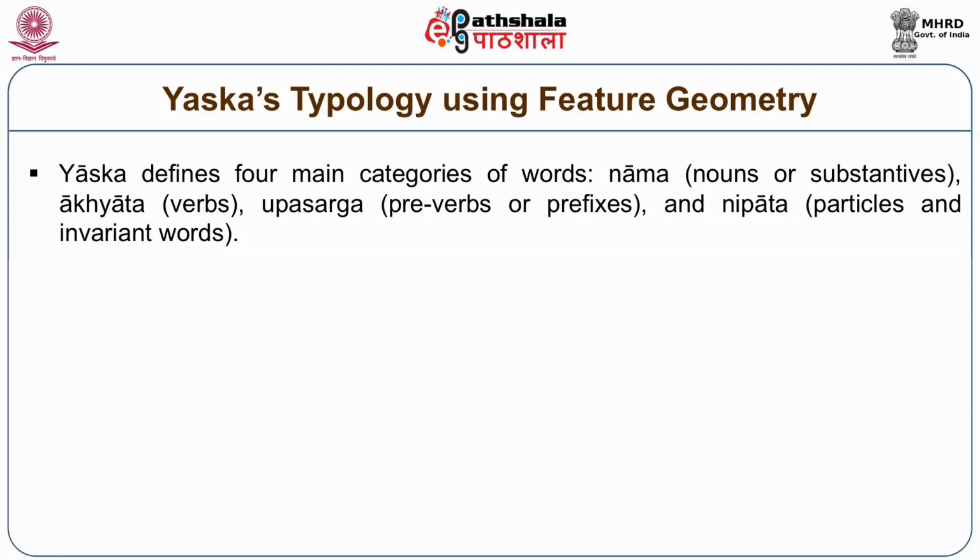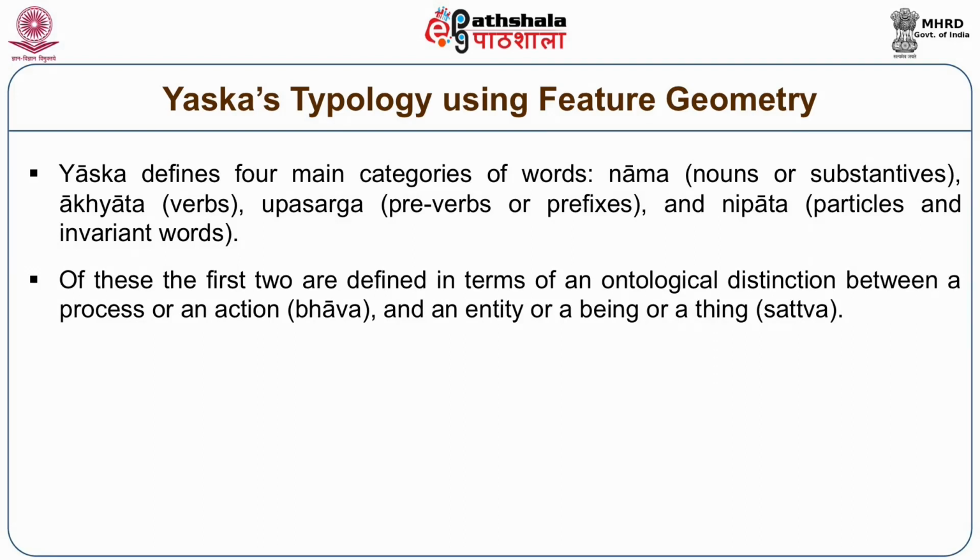We can see that in linguistic terms, there is a real and substantial difference in whether we use monovalent or binary systems. So recall that Yaska defined the four main categories of words as nouns, verbs, prefixes, and particles.